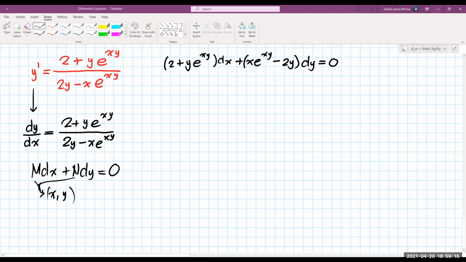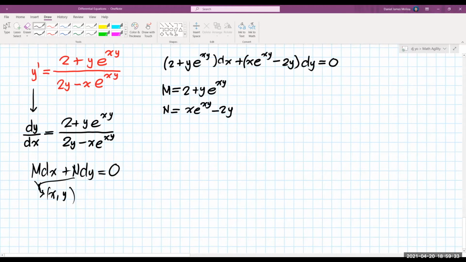So from our equation, we have M equal to 2 plus y e raised to xy, and N equal to x e raised to xy minus 2y.